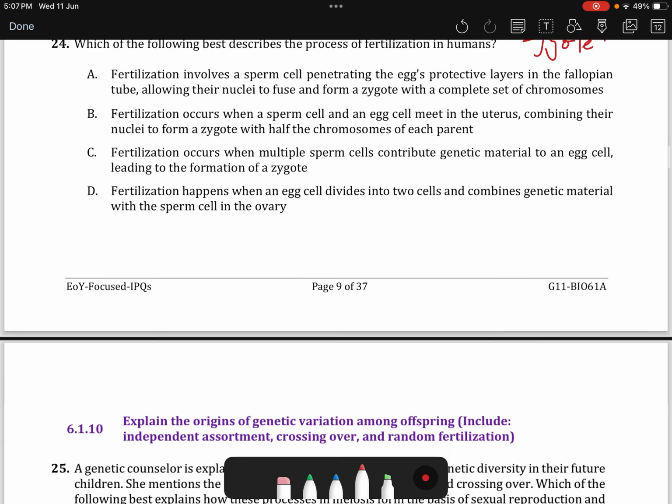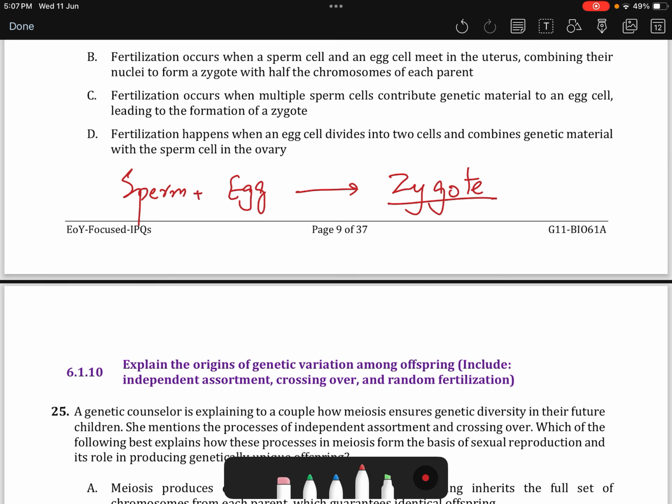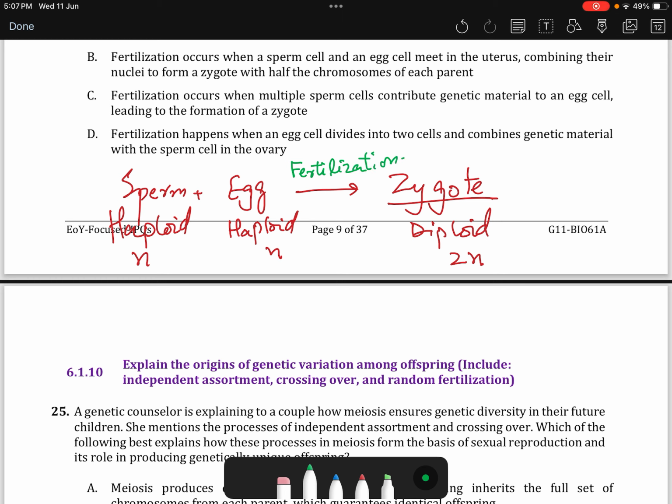And also remember one more thing, as per our previous discussion, zygote is always diploid, 2n, and egg is always haploid, n, and sperm is always haploid, n, okay. And the process that helps them, this arrow, is called fertilization. If the sperm has 23 chromosomes as in human, the egg has 23 chromosomes as in human, so how many chromosomes will be there in the zygote? n plus n, so it is 23 plus 23, it is 46.